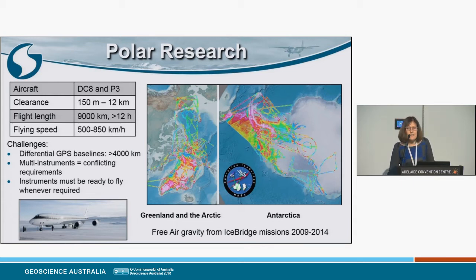They fly really fast, up to 800 kilometers an hour, and a huge range of altitudes, from 150 meters up to 12 kilometers in altitude. And 12-hour flight lengths where they can acquire about 9,000 line kilometers of data. So that's pretty impressive.